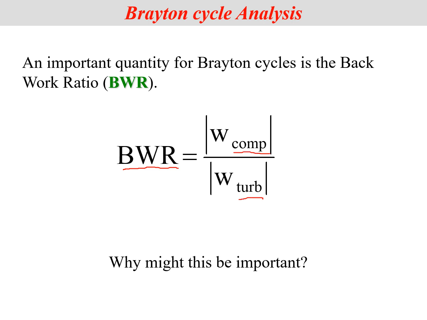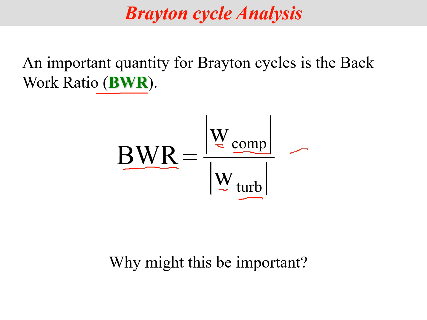Okay, so I've discussed that some of the work from this turbine is used back in the compressor, and that is one of the main drives for a jet engine gas turbine, right? So this is called a back work ratio, which means how much of the turbine work is consumed back in the compressor, and obviously we are just interested in the absolute values since compressor work is by default negative and turbine work is positive. We are not interested in the positive or negative side, we are just interested in the ratio.